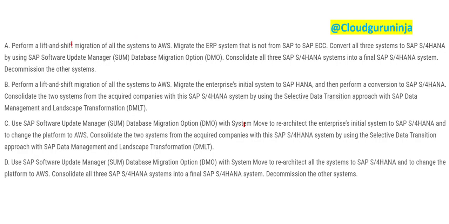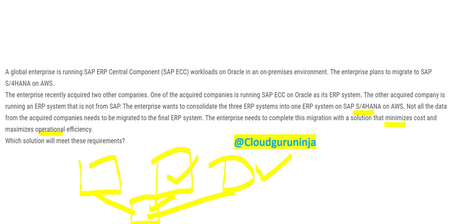So lift and shift will not work. So we have two options with SUM. So D will not work because they are not addressing this selective data transition. You need selective data to handle this scenario.